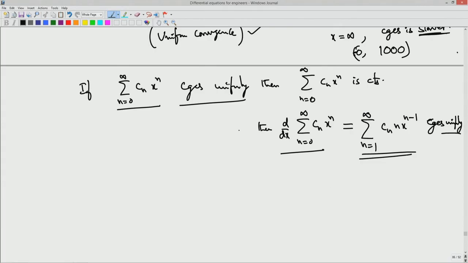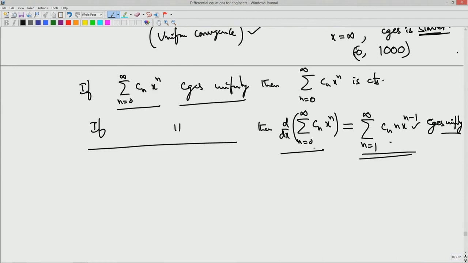So, this is exactly what we use. If you have a convergent power series, then the derivative of this is the series which converges uniformly. That means you can do term by term differentiation of the power series, so you can simply substitute into the differential equation.